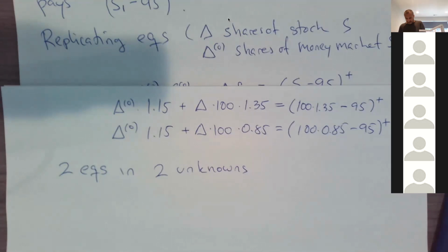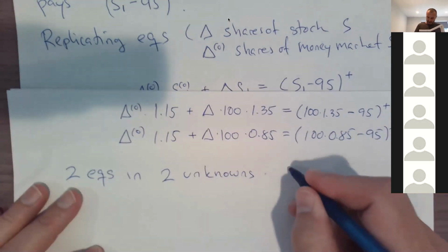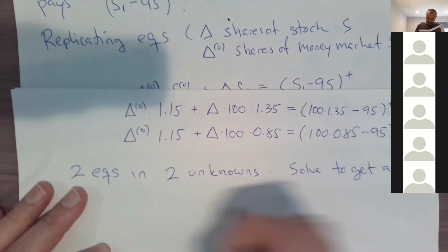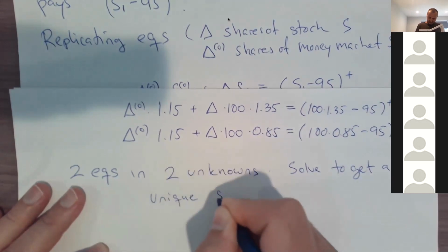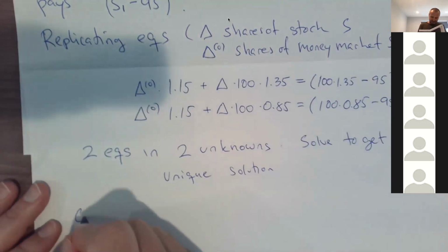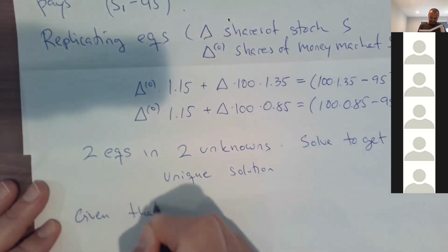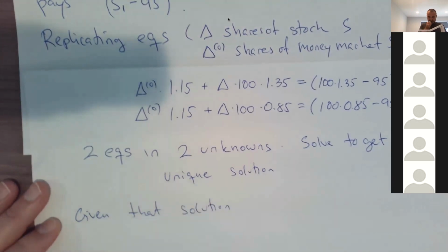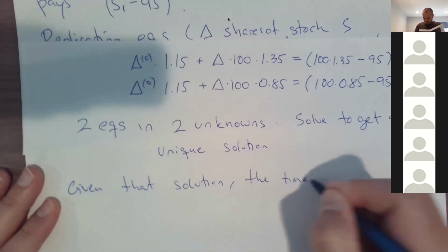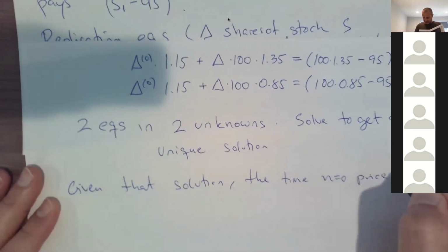In this case, you can go ahead and solve, and you can get a unique solution. And then given that solution, the time 0 price, what is it going to be?